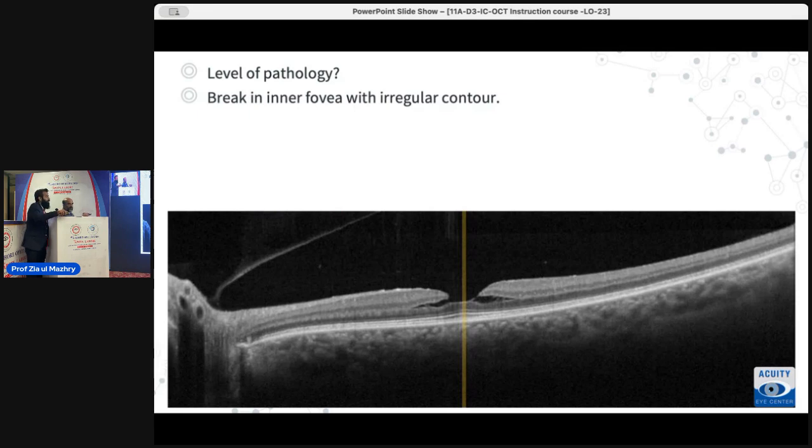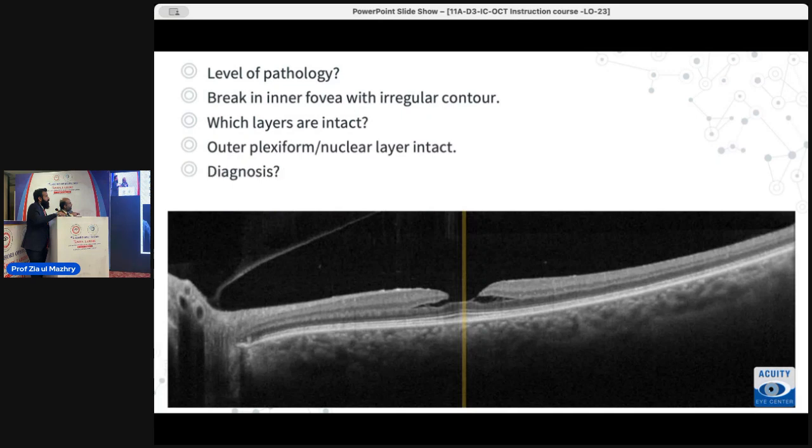Outer nuclear layer है ये। हमने नॉर्मल OCT में डिस्कस किया था कि आउटर न्यूक्लियर लेयर फोविया के नीचे सबसे थिक होती है। याद रखना है, क्योंकि ये ERM वगैरह में बहुत कंफ्यूज करता है। और सूडो मैकुलर होल को डिफरेंशिएट करने में ये लेयर बुनियादी किरदार अदा करती है। तो इसका मतलब है कि ये पूरी लेयर्स का प्रॉब्लम नहीं है। इसमें आउटर न्यूक्लियर लेयर और उसके नीचे वो फोर हाइपर रिफ्लेक्टिव बैंड्स, लिप्साइड जोन, सारी लेयर्स इंटैक्ट हैं। आउटर प्लेक्सिफॉर्म। डायग्नोसिस, what's the diagnosis?